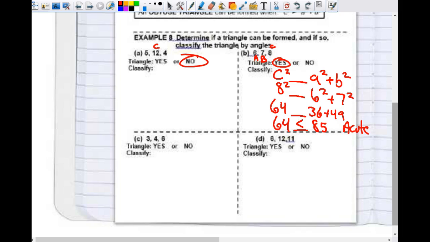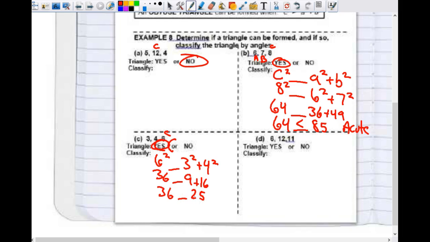Okay, first step, what's the biggest side? Second step, can these form a triangle? Is 3 plus 4 larger than 6? Then we know this is a triangle. Now we can plug it in. Biggest side is 6. 6 squared blank, a squared 3 plus b squared 4. 36 blank 9 plus 16. 36 blank 25.